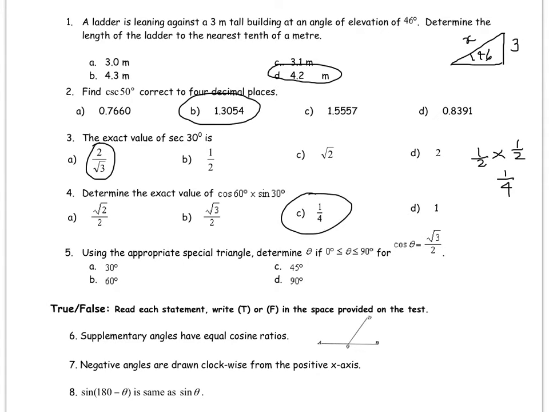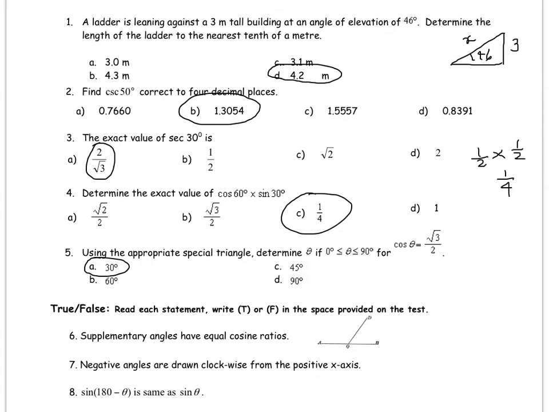So the answer is C. The next one says, using the appropriate special triangle, determine theta if theta is between 0 and 90, and cos theta is square root of 3 over 2. If you remember your special angle triangle, the angle 30 is going to give you cos 30 is square root of 3 over 2. So the answer is A.